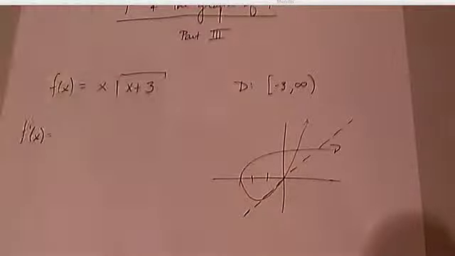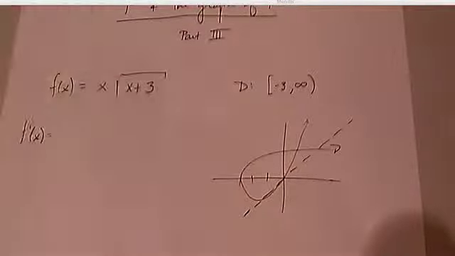Now, let's do the first times the derivative of the second plus the derivative of the first times the second, okay? And that winds up being x over 2 root x plus 3 plus root x plus 3.